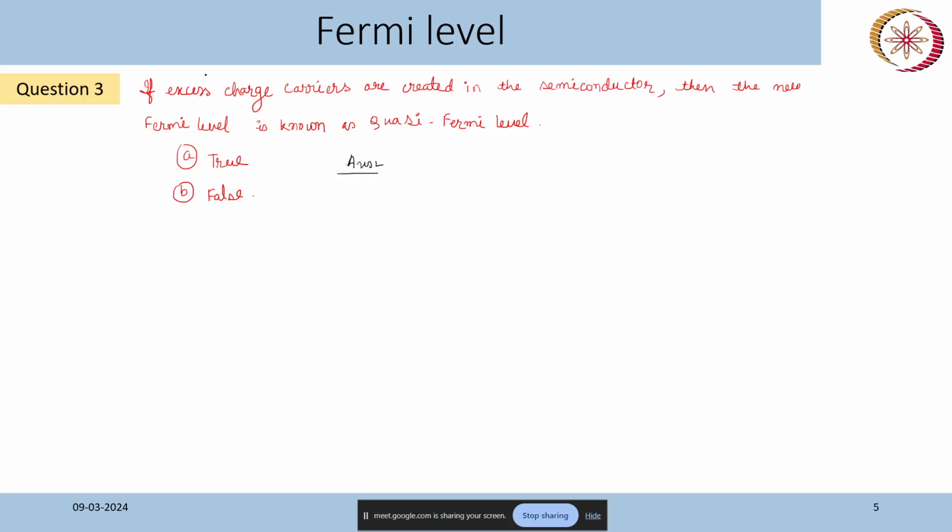If excess carriers are present, that means the system is not in equilibrium, then the Fermi levels are not the same for electrons and holes, and those are known as quasi-Fermi levels. We have discussed this earlier also, and it was discussed in the lectures. So the answer is A, that is true.